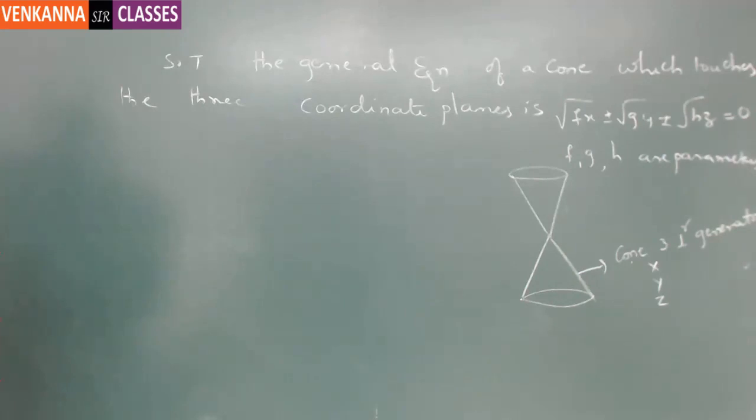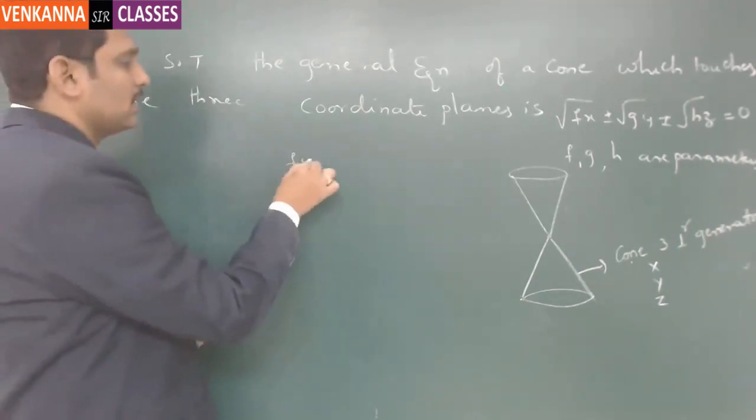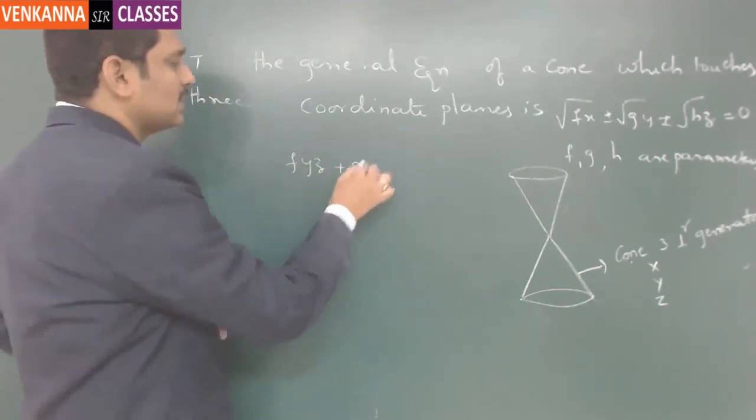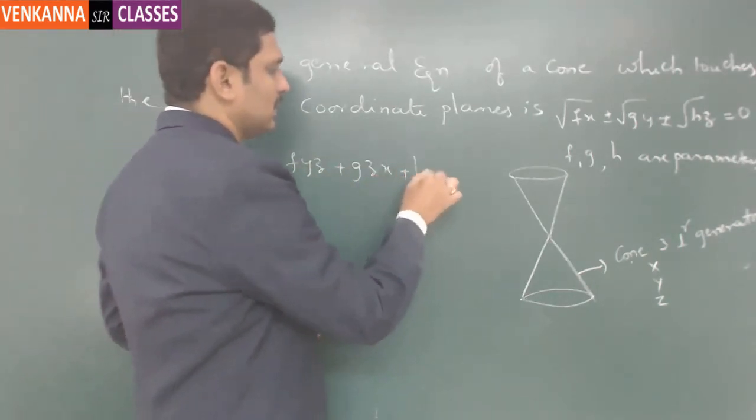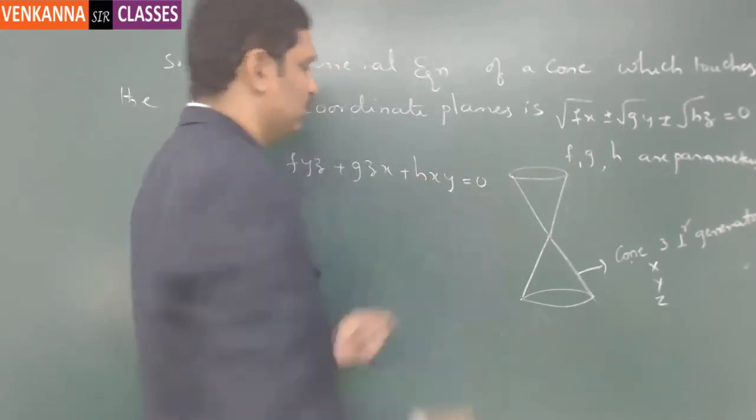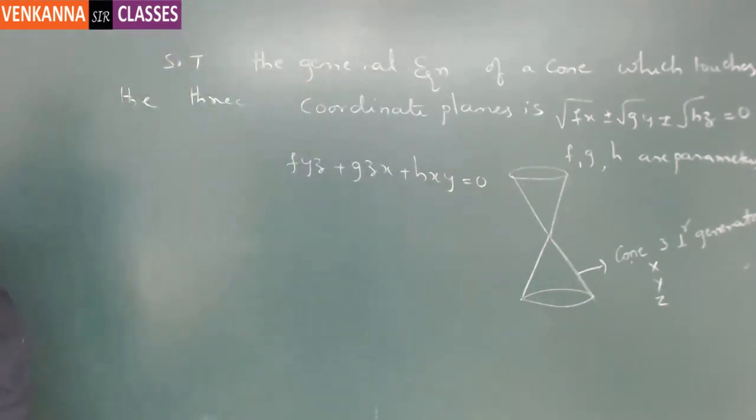In the beginning, we have done a problem on this. Alright, so it is nothing but fyz plus gzx plus hxy equal to 0. Agreed? Can you remember that equation?